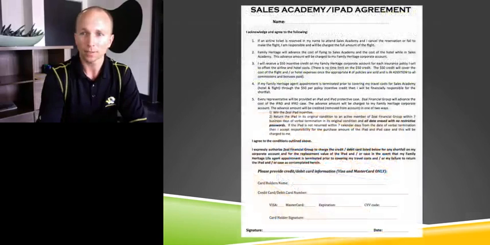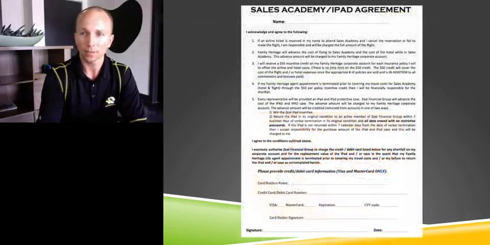Basically, what it outlines is your commitment, your financial responsibility if you default on doing anything after Sales Academy, or if you terminate, you don't work with our company anymore, and you do not give the iPad back if you did not win it through the 16-week incentive. This outlines that agreement.